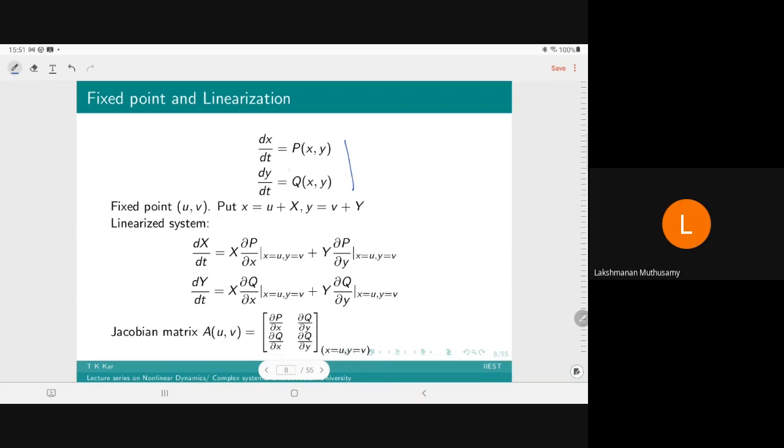So this is the fixed point and linearization. Suppose we have considered a two-dimensional system dx/dt equal to p(x,y), dy/dt equal to q(x,y), and say the fixed point is (u,v). Fixed point means dx/dt equal to 0, dy/dt equal to 0. That will give the fixed point (u,v). And say there is a perturbation.